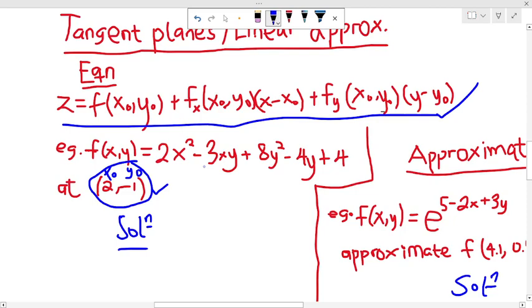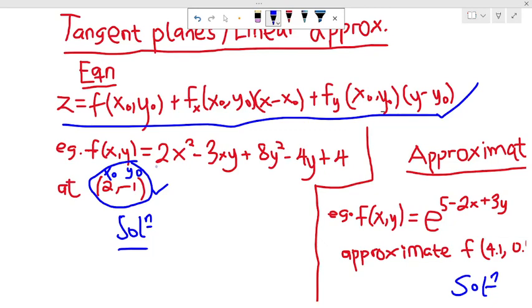With this first example, we are concentrating on how to find the equation of a tangent plane. We have a function f of x and y defined as 2x squared minus 3xy plus 8y squared minus 4y plus 4.